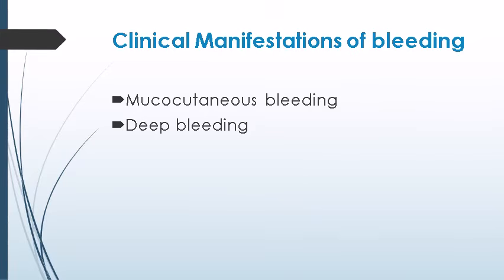So as you see, clinical manifestations may point to the underlying pathology. If you have mainly mucocutaneous bleeding, there is a defect in the primary hemostasis, while if you have deep bleeding, joint bleeding, muscle bleeding, or large hematoma, this is mainly a defect in the coagulation system.